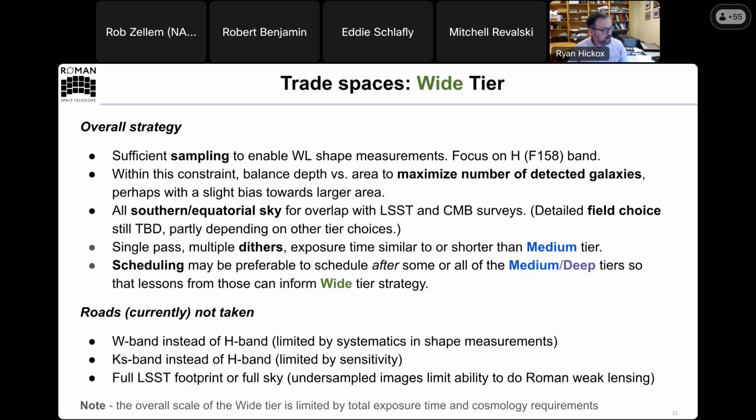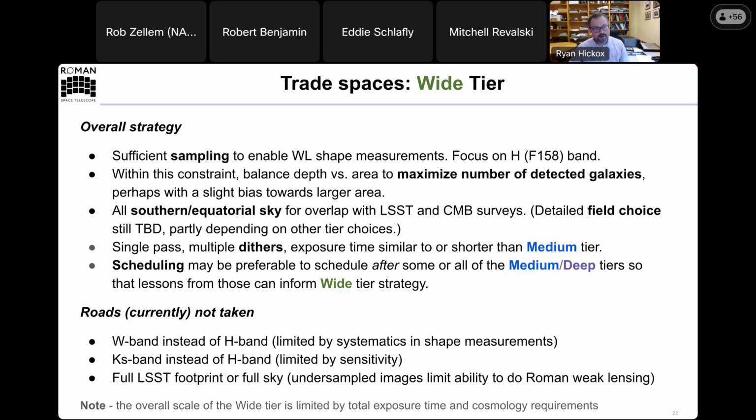One thing to note with this, and again, it's of interest, I think, given how many people wanted to use Roman for a really wide area survey, is that the overall scale of the wide tier is limited by the fact that we have a limited total exposure time, and by the fact that we have to be sure to meet these other cosmology requirements, including systematic errors.